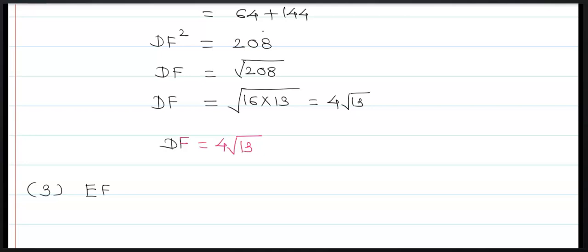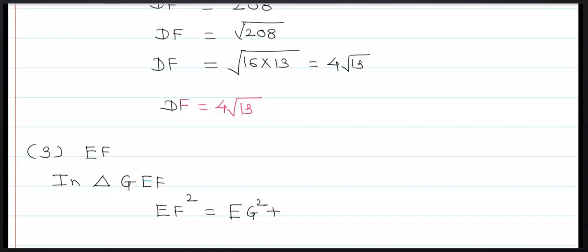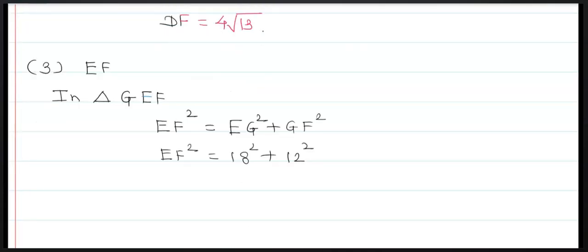Now, third one is EF. That is in triangle GEF, EF square is equal to EG square plus GF square. Therefore, we will substitute the values.